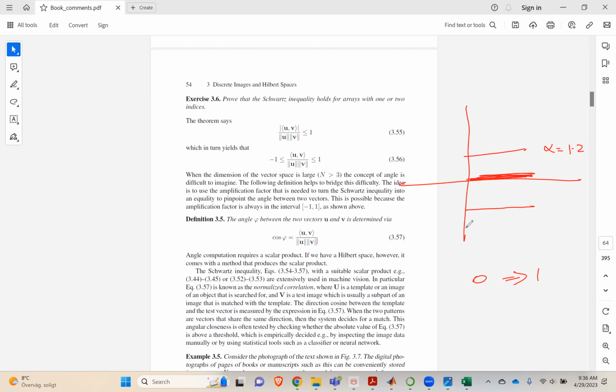And if it comes from the downside, that means alpha is something like 0.5. Same image, but we just made it darker or lighter. But these are parallel, so the angle will not change. The angle is the same, so you get the same value. So this is the explanation.